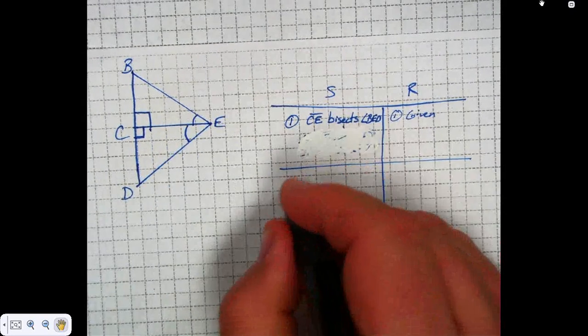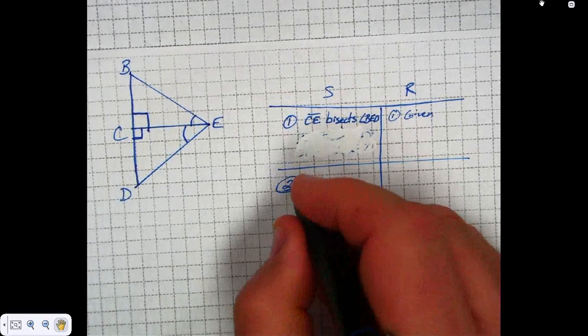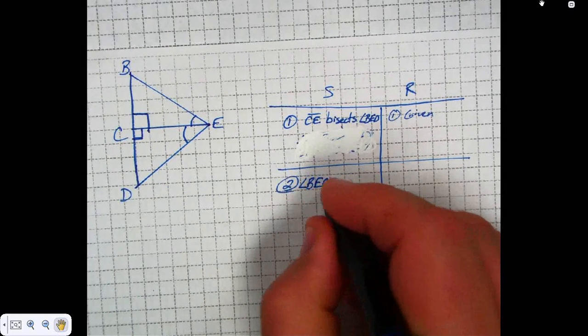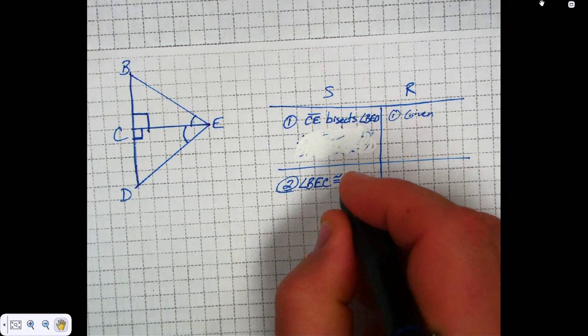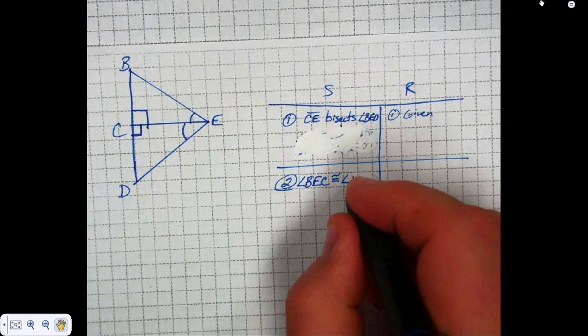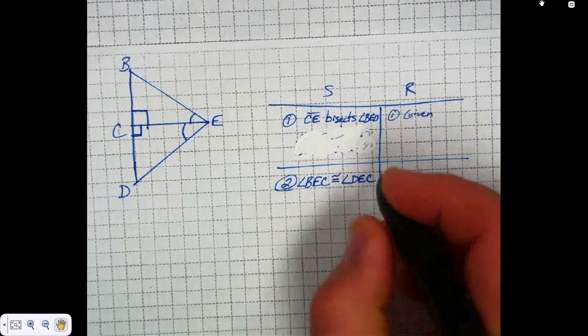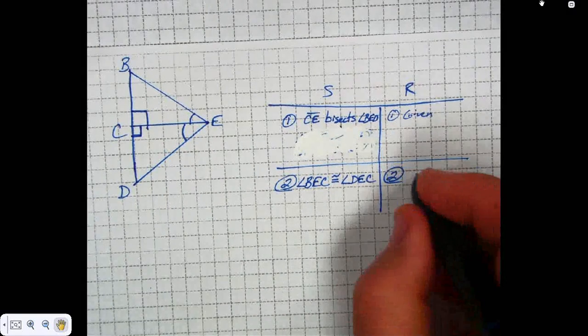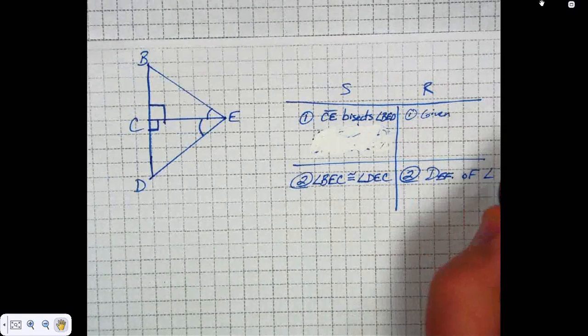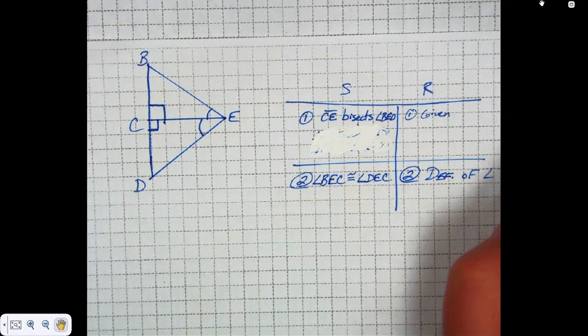So as my second step, I could say angle BEC is congruent to angle DEC. Now, why is that true? Definition of angle bisector, right?